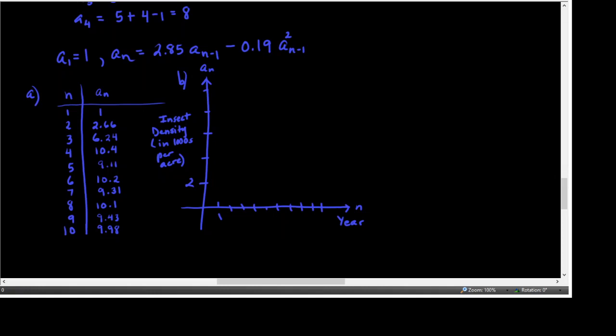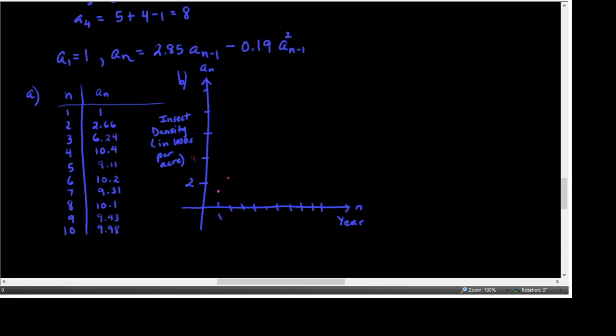So 1 is 1, 2 is 2.66. Now remember, this is 4. The second mark is 4. I'll write that in this time. That's about 4. So 2.66 is about right here.